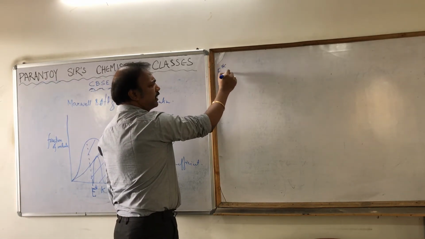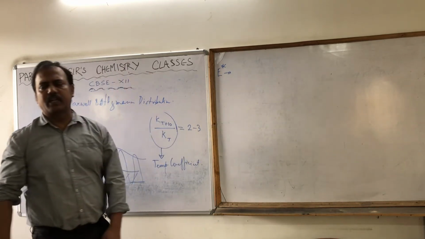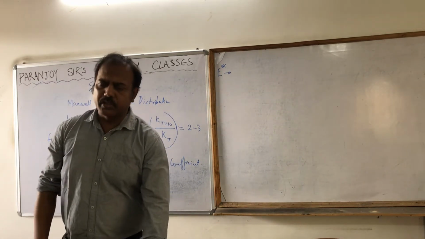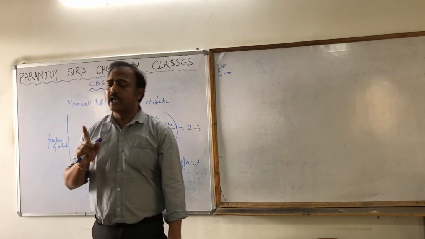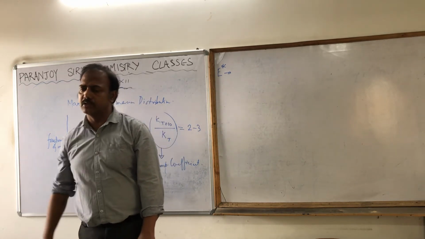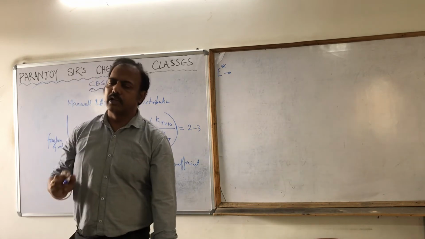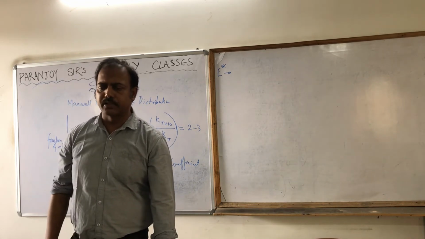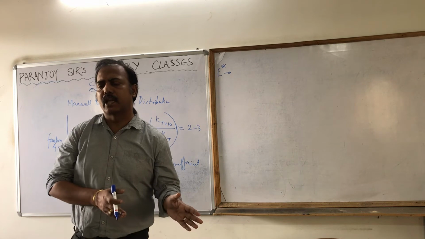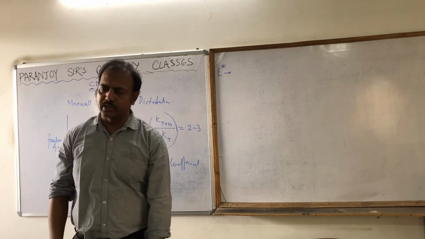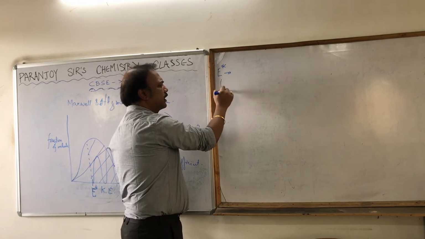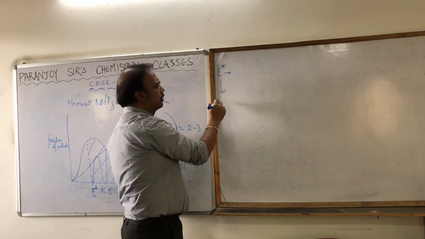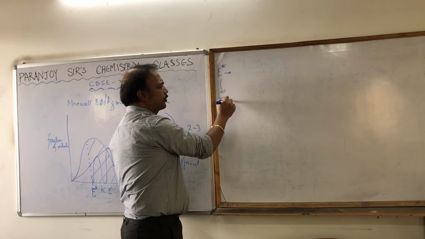E star is the minimum amount of energy possessed by one molecule to undergo the reaction. Whoever has got lesser energy than that is not going to undergo the reaction. This particular energy possessed by one molecule is called threshold energy.